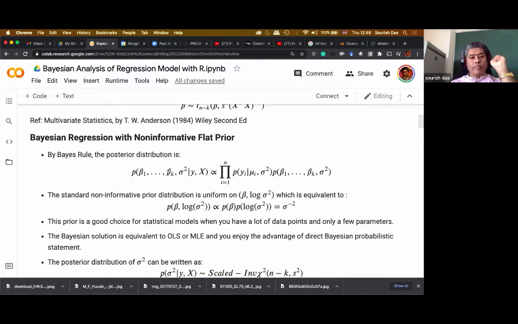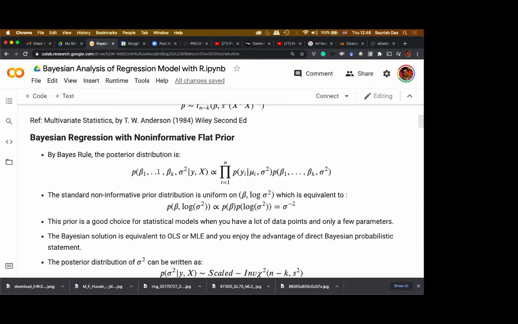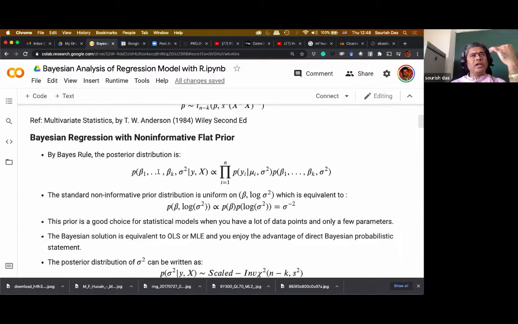We do know not all the predictors actually have any effect on y. There could be, maybe, the second and fourth predictors have no effect on y. So effectively, beta 2 and beta 4 are 0. If x2 and x4 do not have an effect on y, I would prefer beta 2 to be 0 and beta 4 to be 0.